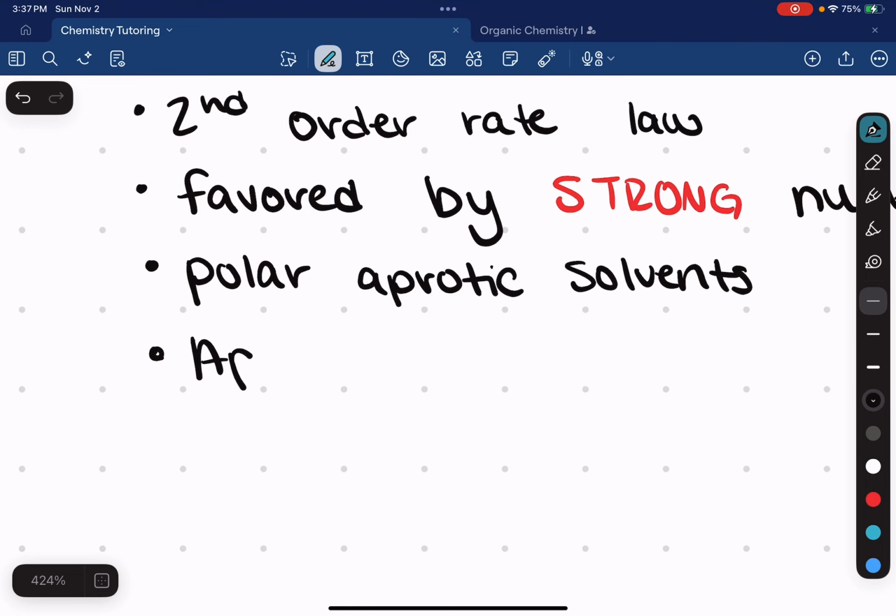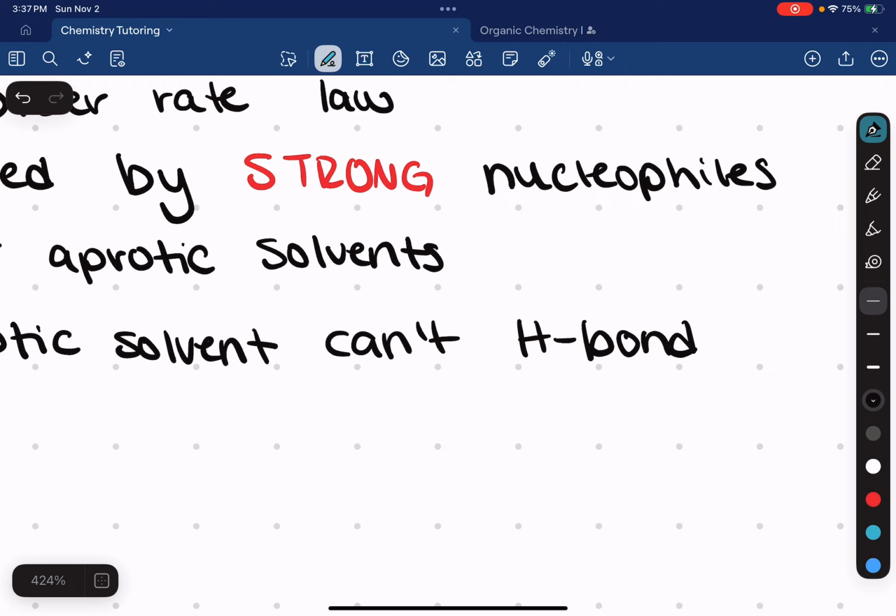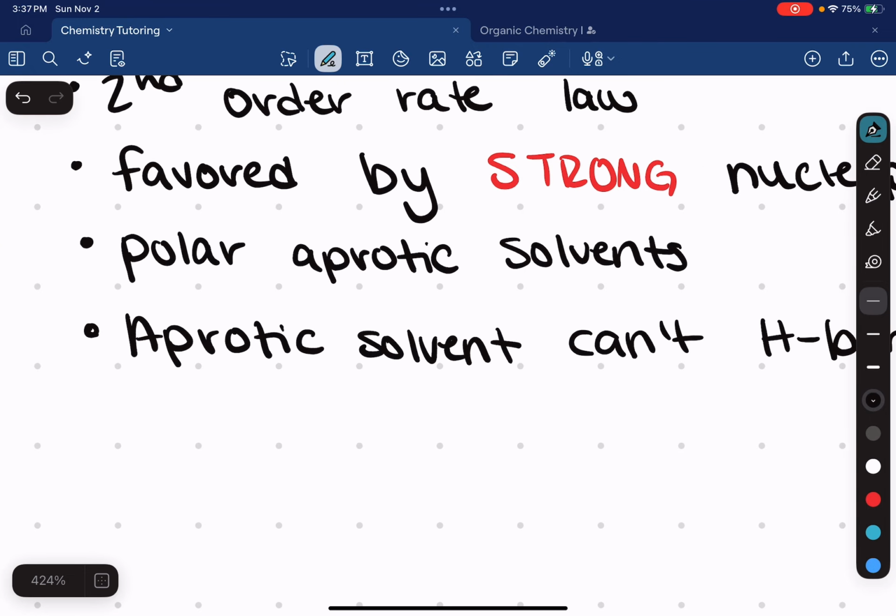And aprotic solvents cannot hydrogen bond. However, they can dissolve salts.